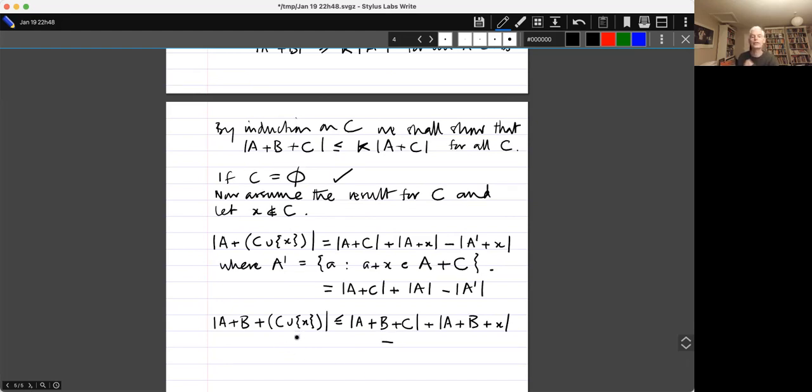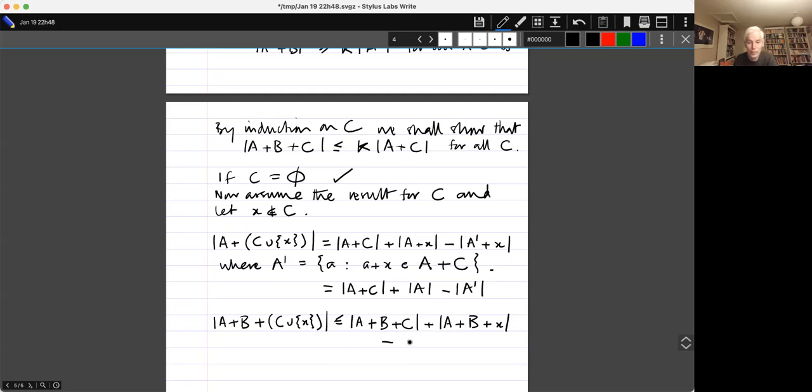And now I can take away anything that I've overcounted. And if I've got something in A dashed here, that means that that A dashed plus x belonged to A plus C, which means that when I added something in B, I got something in A plus B plus C, which means I overcounted it.